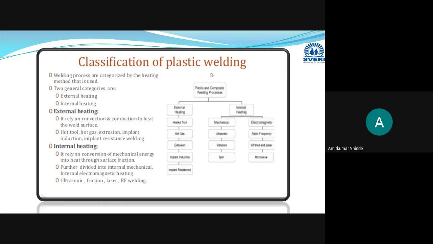You can go through these points. Whenever external heating is done, we have separate types. In short, external heating means some external medium, a separate heating medium, is provided to melt the welding rod or whichever filler material is there, and to melt the substrate, your parent material or that plastic material.